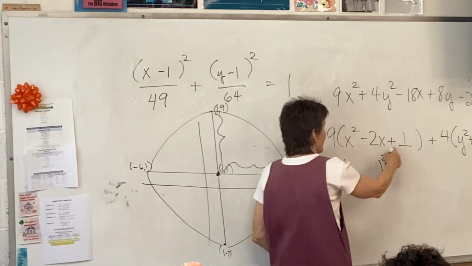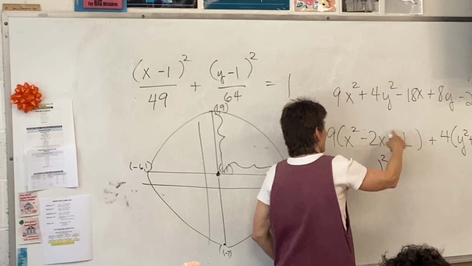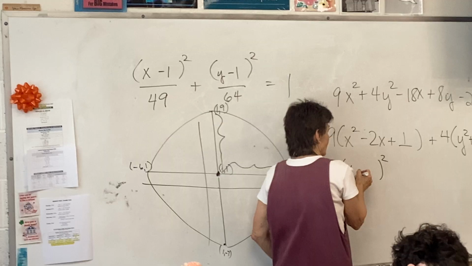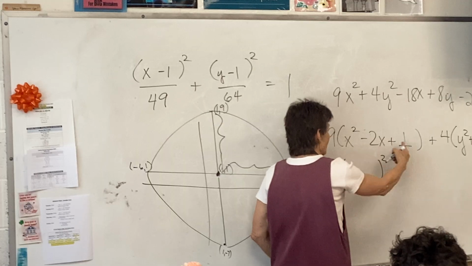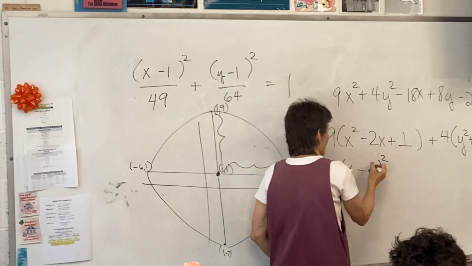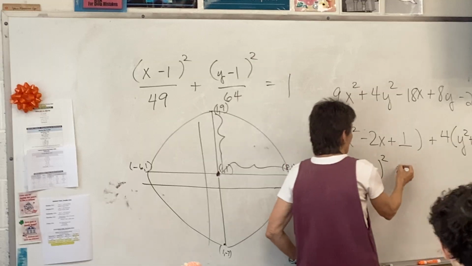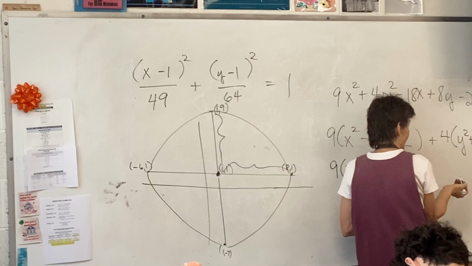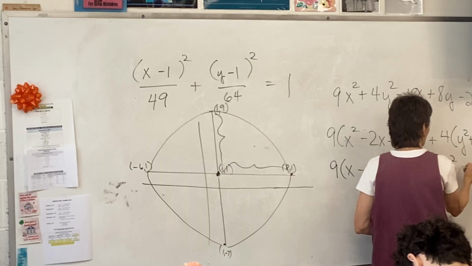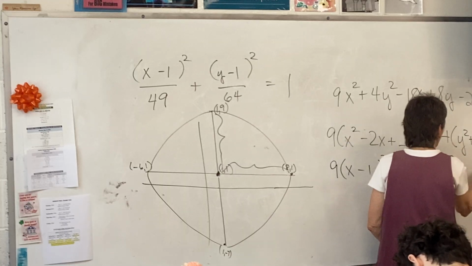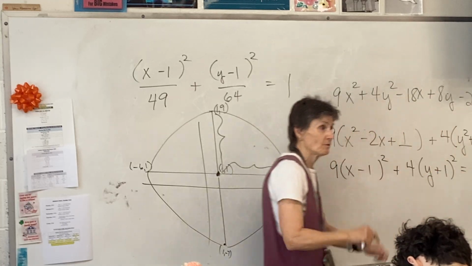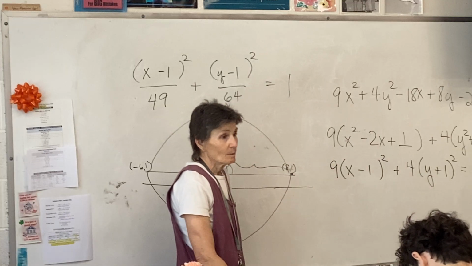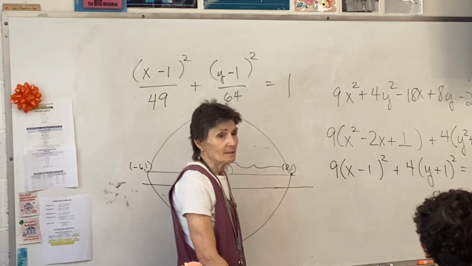So what square did I create here? This square is going to be x, factor that, what is it, x minus 1 squared? And then this one is y plus 1 squared, and the whole shebang magically, wonderfully equals 36. Why does that make me so happy?